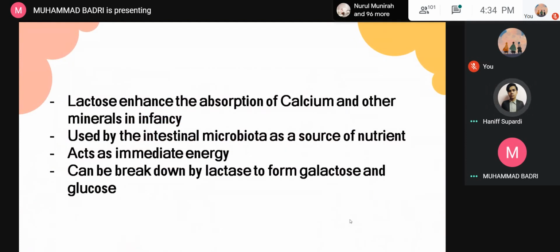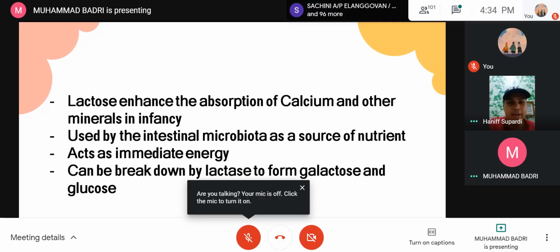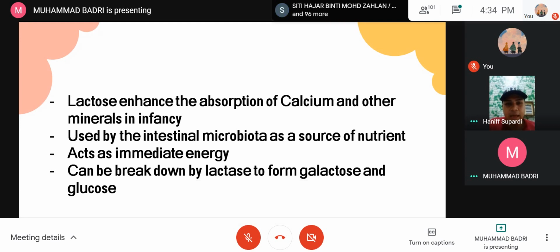Lactose enhances the absorption of calcium and other minerals in infancy, and it is also used by the intestinal microbiota as a source of nutrients. It also acts as immediate energy, and lactose can be broken down by lactase to form galactose and glucose.